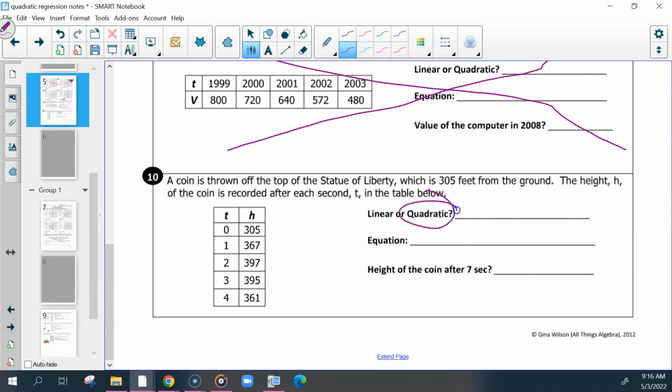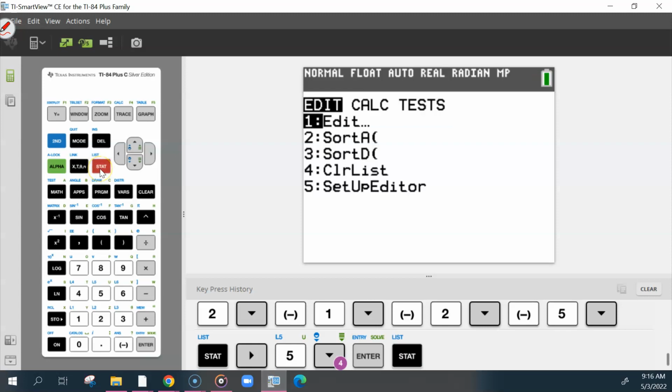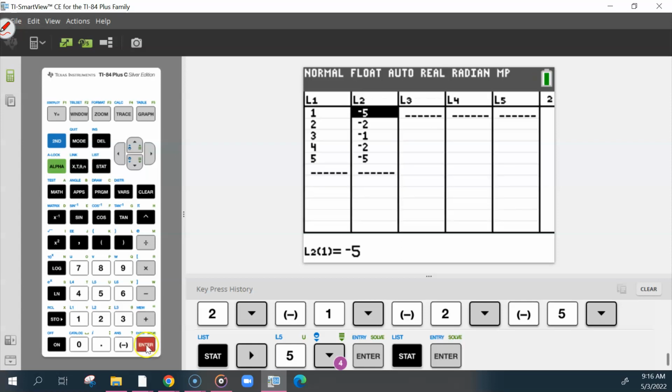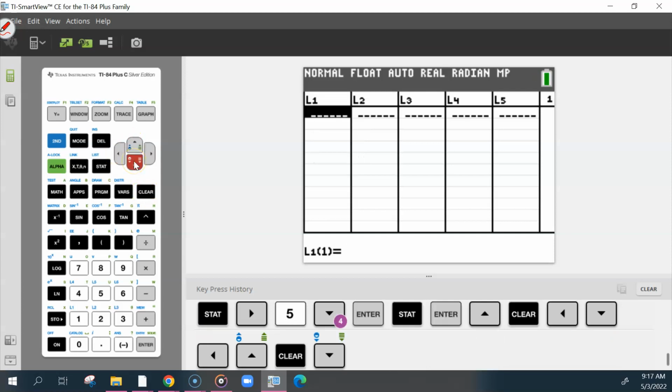Let's do calculator first. If you are doing Desmos first, that's fine. So we're going to put all of these values into our calculator. Go back into stat, go back into edit. If you have numbers in there, clear them out, don't delete. And fill in your table.